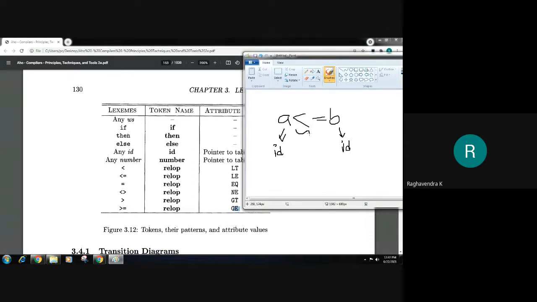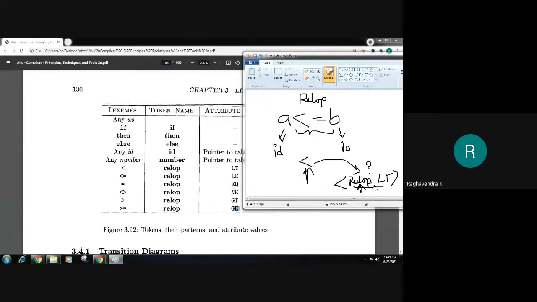But when I look into this relational operator, I'll write it as relop. When I see less than, what should I do? I know that this is a less than symbol, right? Should I return it right now, saying that I have seen a relational operator and its value is less than? Remember that this is the way we represent a token.